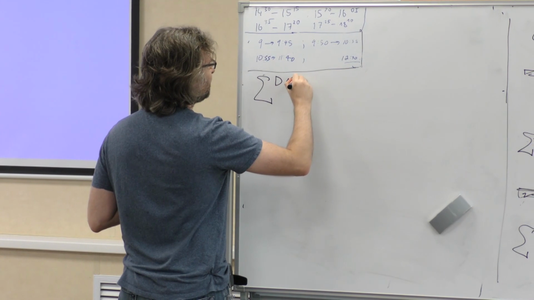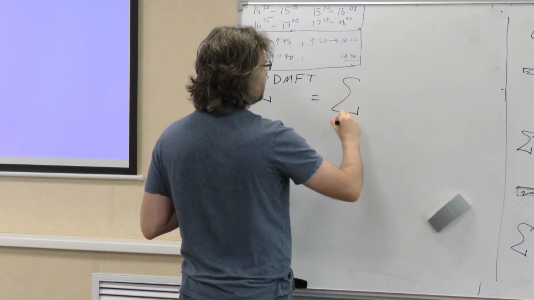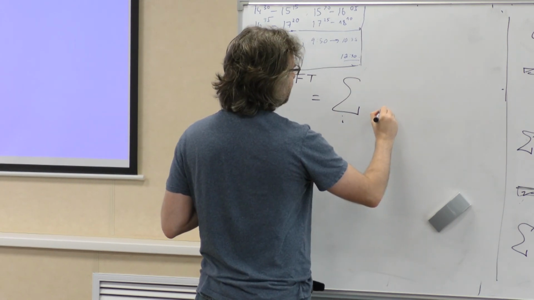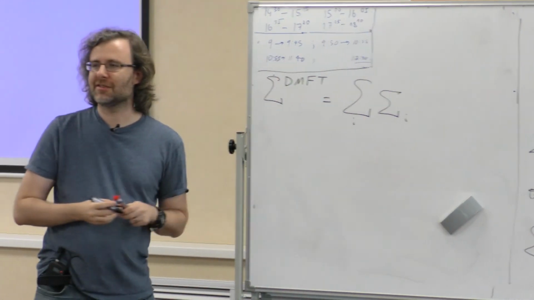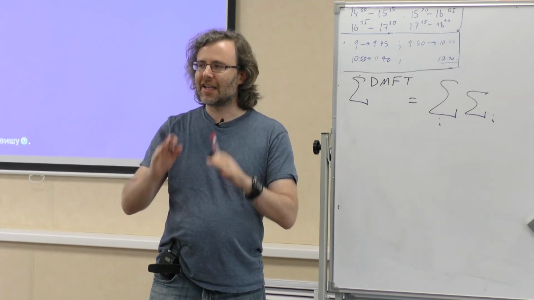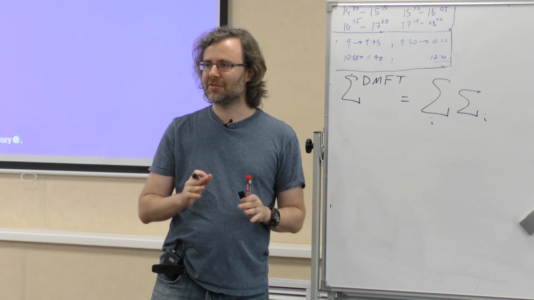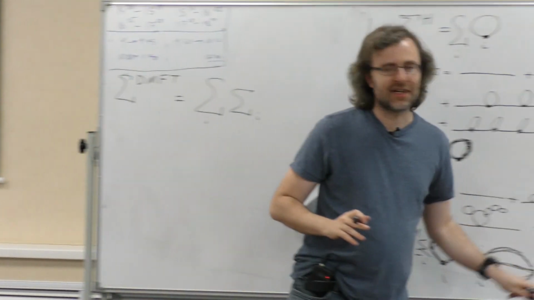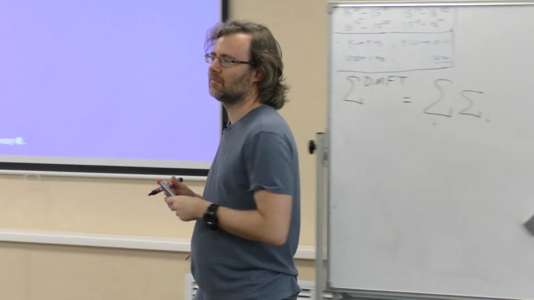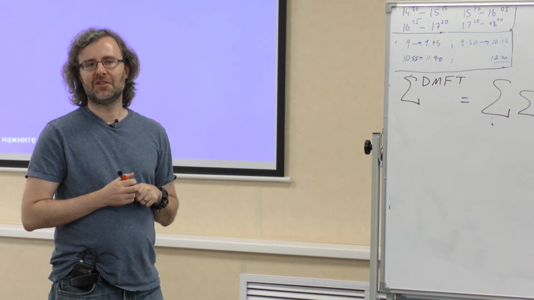So sigma DMFT is the sum over sites I of sigma of site I. What is sigma of site I? It's the exact self-energy containing all possible terms that could possibly exist for which all the indices are I.